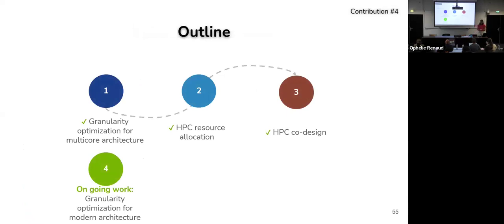Until now, we only focused on standard HPC systems, which are systems composed only of CPU target architectures. And now we extend our work to modern architectures, which in our case are composed of GPUs.